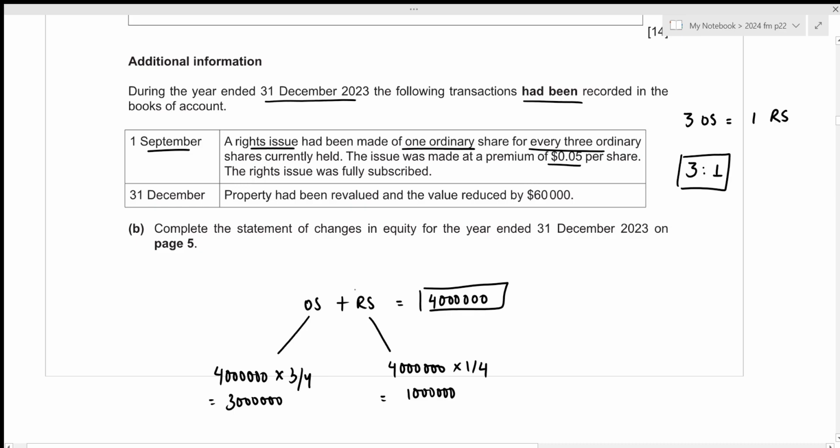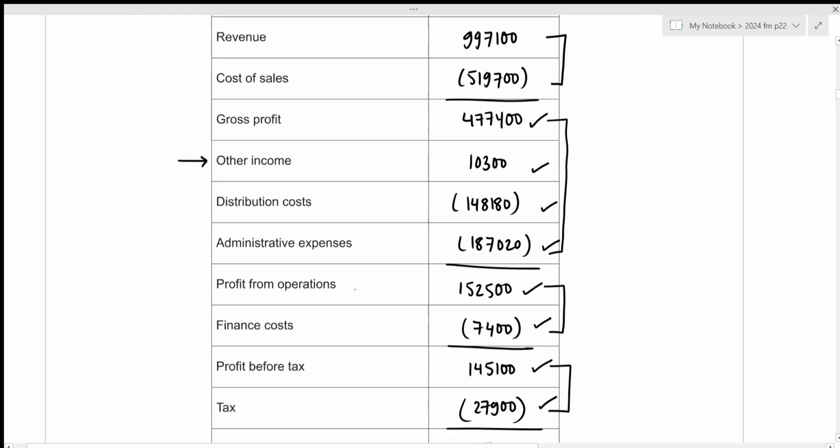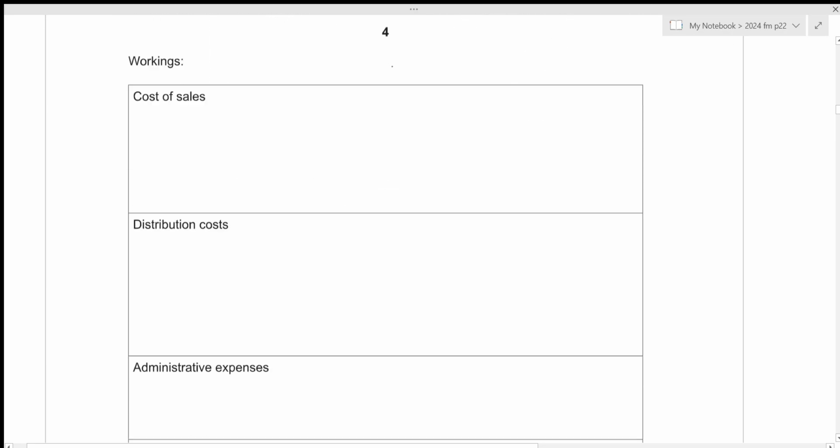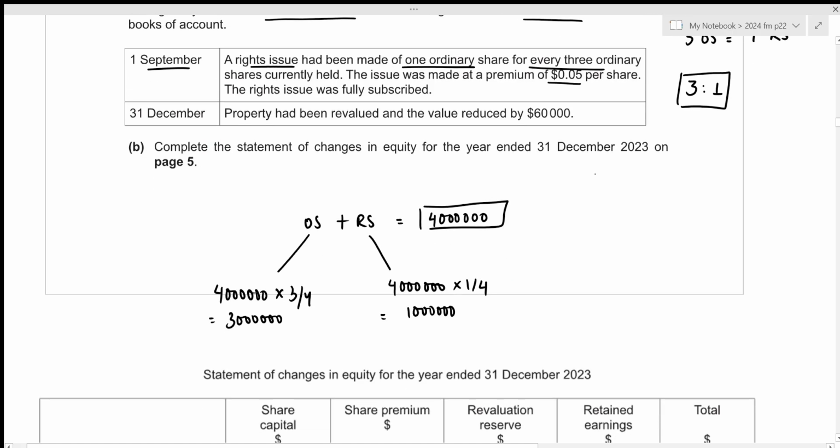Now for the value, we need to multiply it by the nominal rate. And the nominal rate for our ordinary shares in this case is 0.25. So the value for ordinary shares in this case will be the number of ordinary shares. So that's 3 million times 0.25, which results in 750,000.